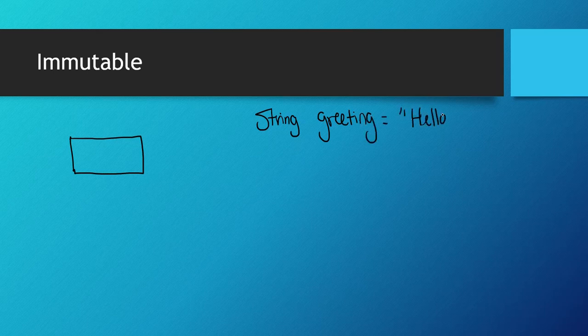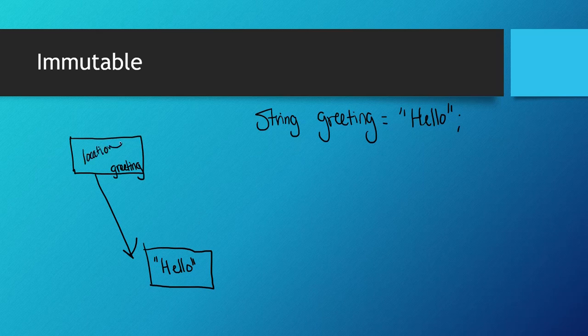Let's say I declare it and make it say hello. So for that string, it's going to make a reference variable named greeting, which is going to point in the memory to a box that says hello. So all this has is a reference variable. This says where the location of hello is in the memory.